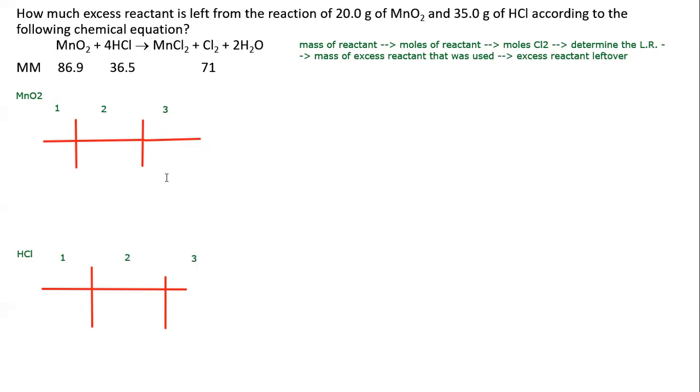So slot 1 is the mass of the reactant, so that's 20 grams. Slot 2 is the molar mass, and here, since it's this set of tracks, the mass goes on the bottom, the moles go on top.